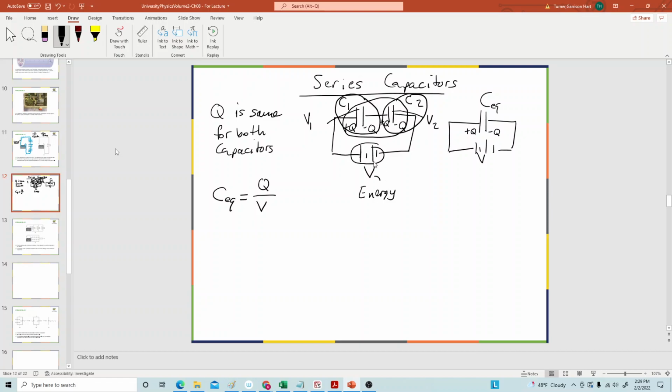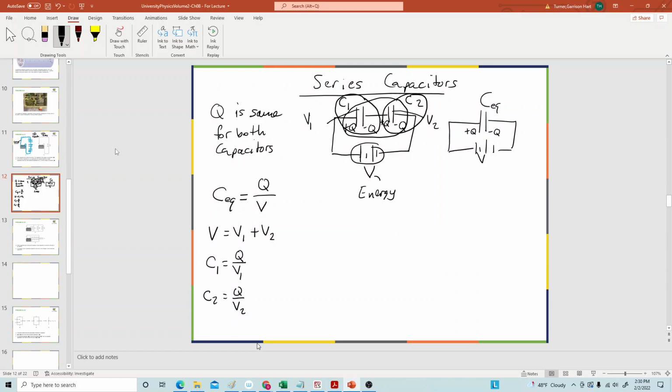Energy conservation demands the energy put into the system by the battery can't disappear, so it has to appear across the capacitors. So in the series case, the total voltage of the battery is equal to the sum of the voltages across the individual capacitors. Therefore, C1 is equal to the charge that was moved divided by V1, and C2 is equal to the charge that was moved divided by V2.